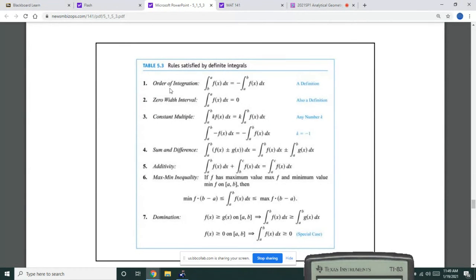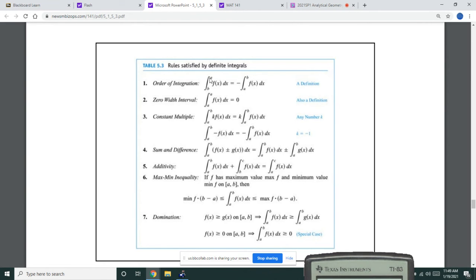If you reverse the order of your limits, this thing reads as the integral from a to b of f of x dx, and that's equal to negative the integral from b to a of f of x dx. If you reverse the order of your limits, you must multiply your integral by a negative. So that's simply what this means.